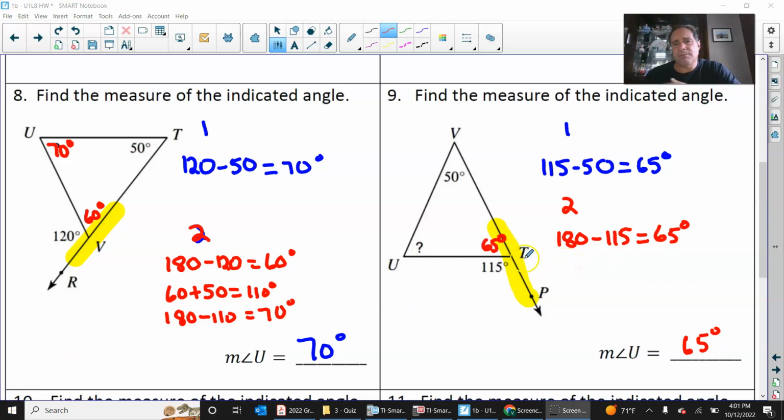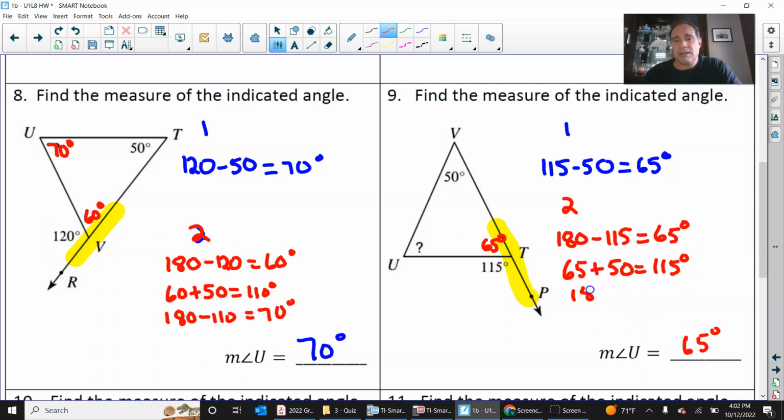Once I have that, I'm going to put it into the diagram just to make sure I know exactly what's going on. I have 65 plus 50, the two interior angles that I know. It equals 115 degrees, the two interior angles.